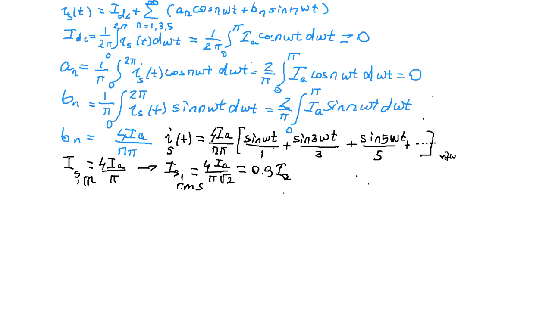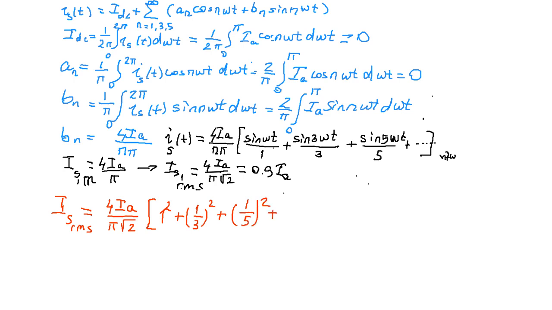IS RMS is equal to 4 IA over pi square root 2 times square root of 1 squared plus 1 over 3 squared plus, I'm sorry for Turkish, 1 over 5 squared plus 1 over 7 squared, and so on.